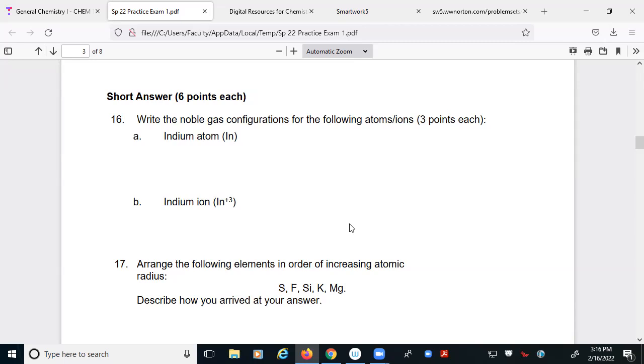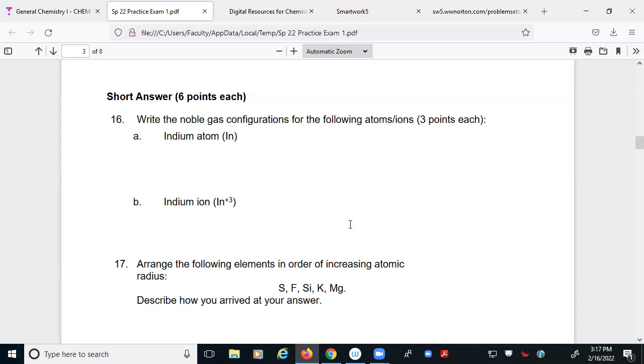So very similar to what you saw on the quiz. Write the configuration for this atom or for this ion. So in this particular case, and this was my exam a couple of years ago, I asked for a noble gas configuration as opposed to the complete.